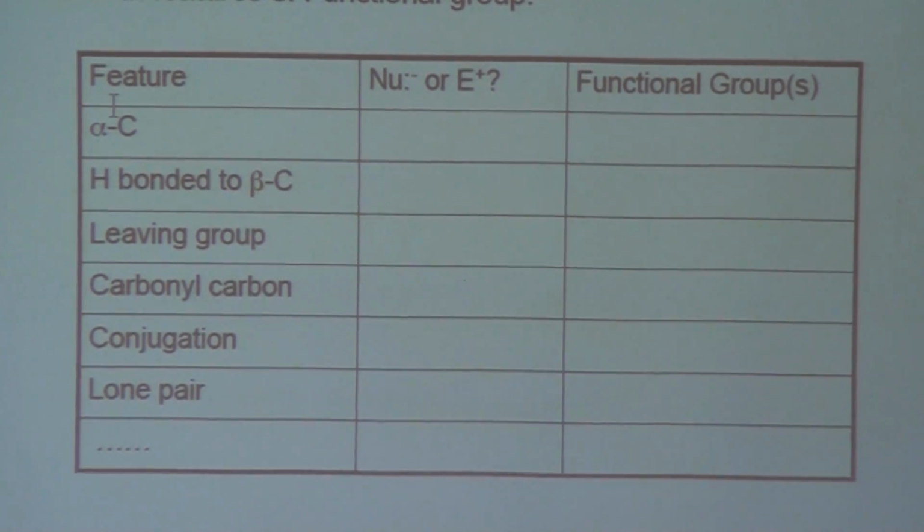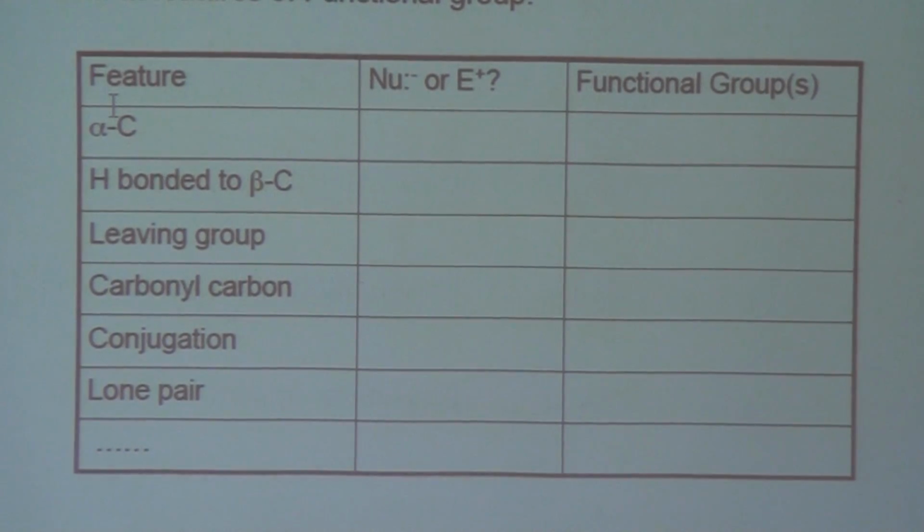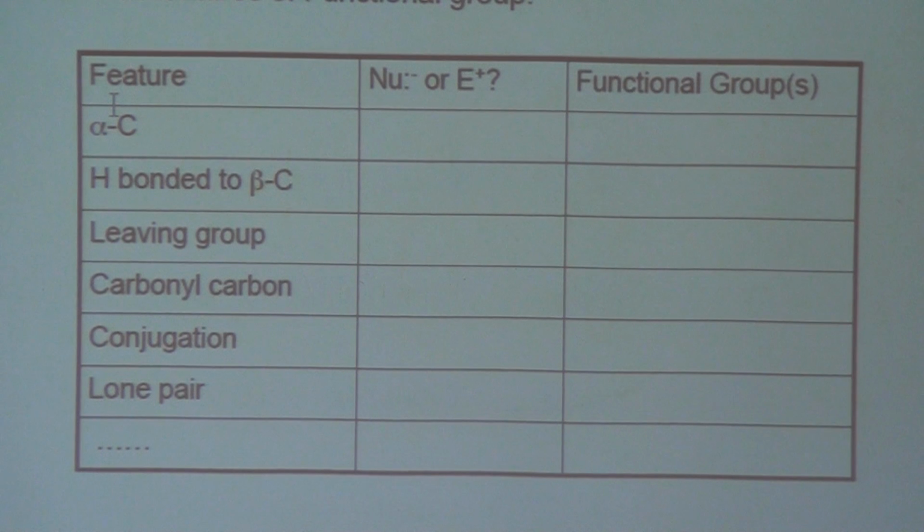What's the other type of alpha carbon? Ketone. Yeah, if you have a carbonyl compound, that's also an alpha carbon. Here's our carbonyl carbon. Is the carbonyl carbon a nucleophile or electrophile?